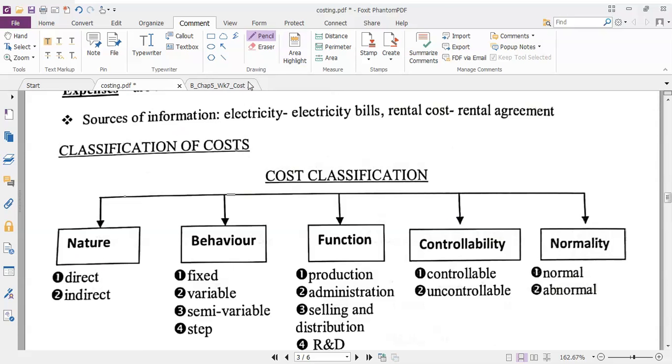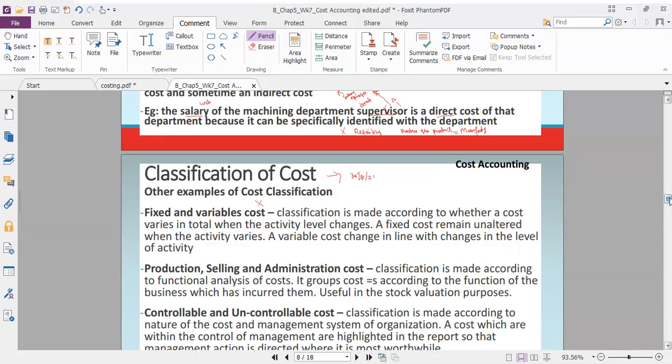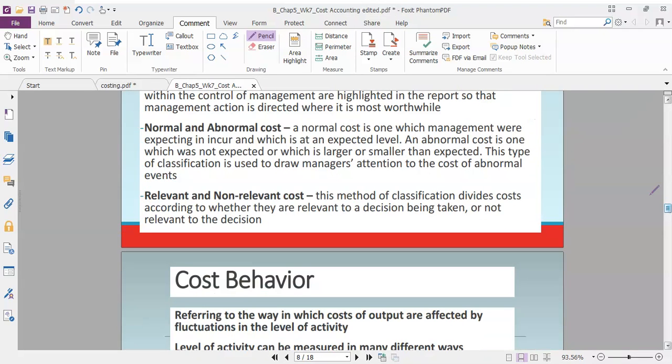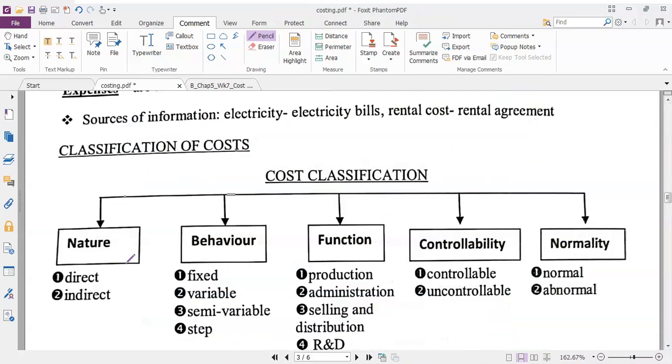Direct means, for example, direct material: without flour, we cannot produce bread. So flour is our direct material. To produce a product, that material is important, it must be there. For example, the product is bread.